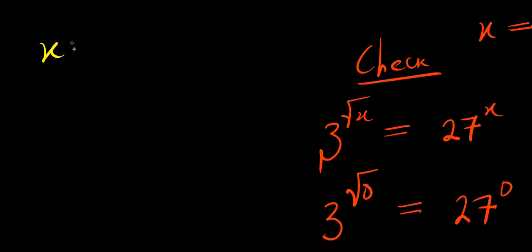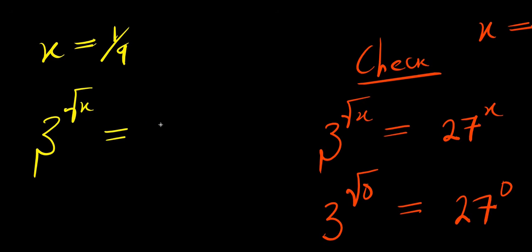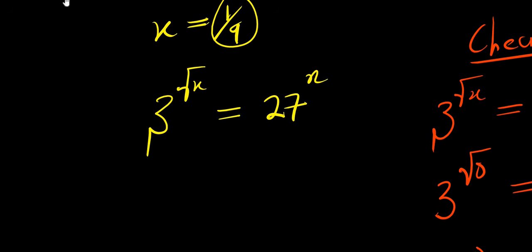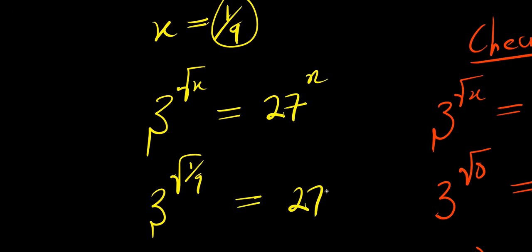If you also have x equals 1 over 9, you have 3 power square root of x equals 27 power x, and x is 1 over 9. I have 3 power square root of 1 over 9 equals 27 power 1 over 9.